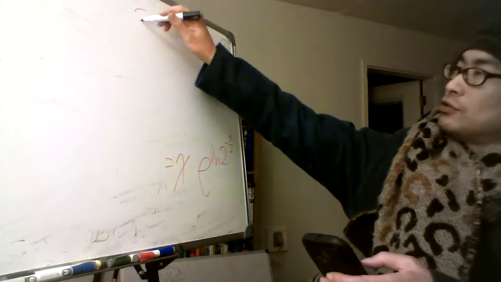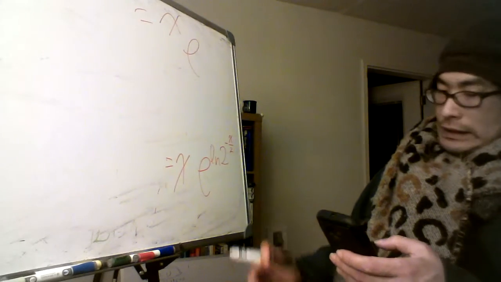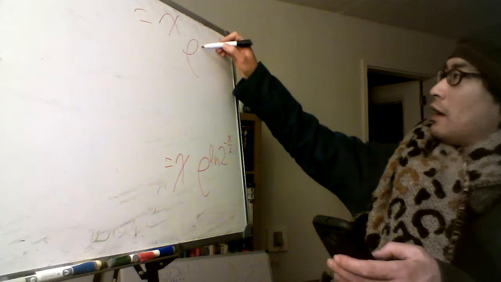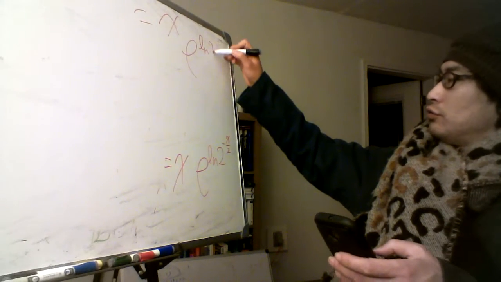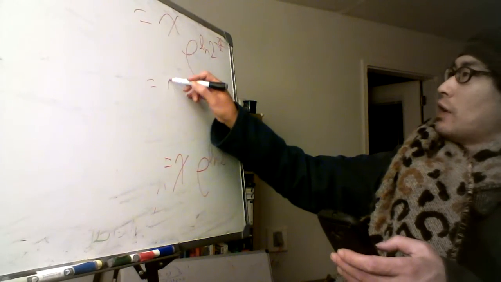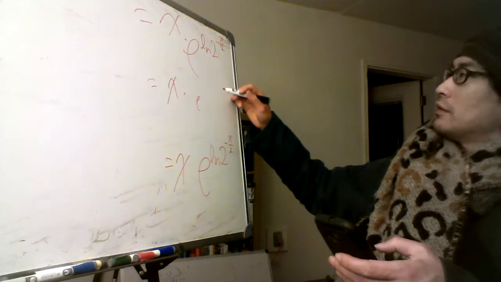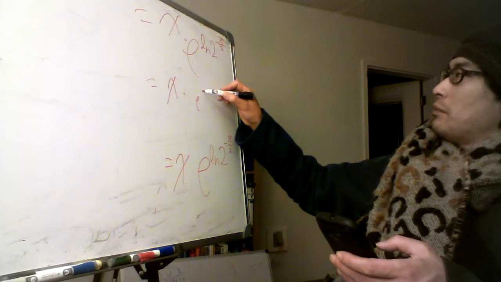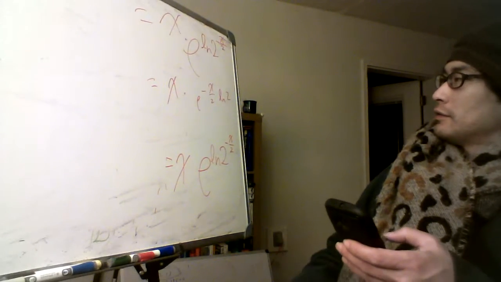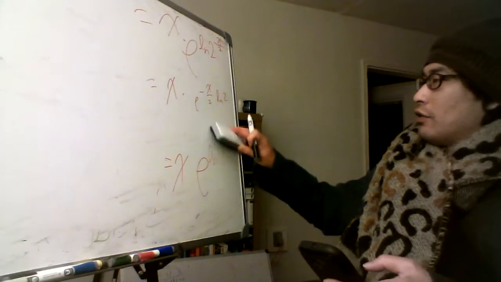So this is equal to what? x times e to the ln 2 to the minus x over 2, which is equal to x times e to the minus x over 2 ln 2. We're running out of room.